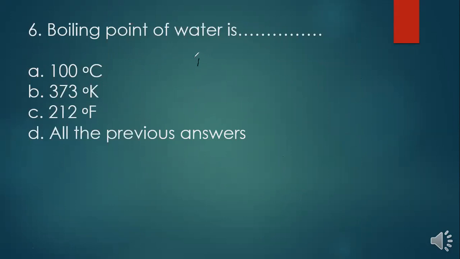The temperature in Kelvin is equal to the temperature in Celsius plus 273, right? So here the boiling point of water in Kelvin would be 100 degrees Celsius plus 273. So that would be 373 kelvins, right? So choice A is correct, choice B is correct, right?